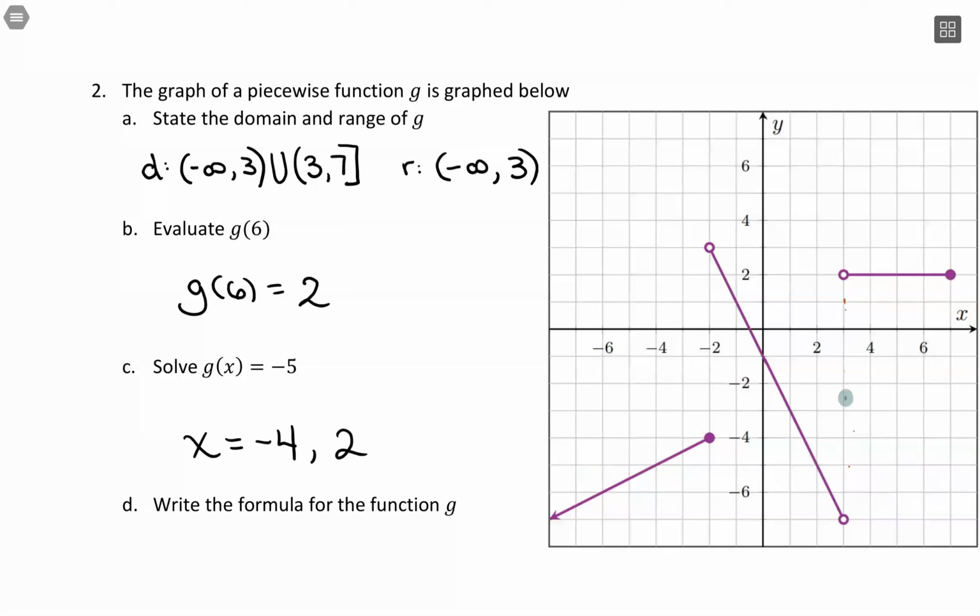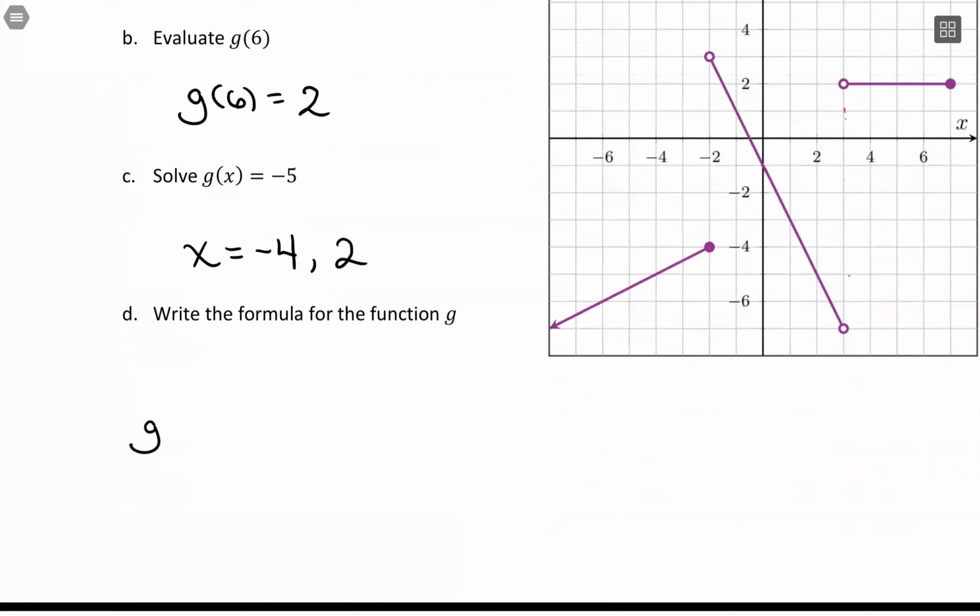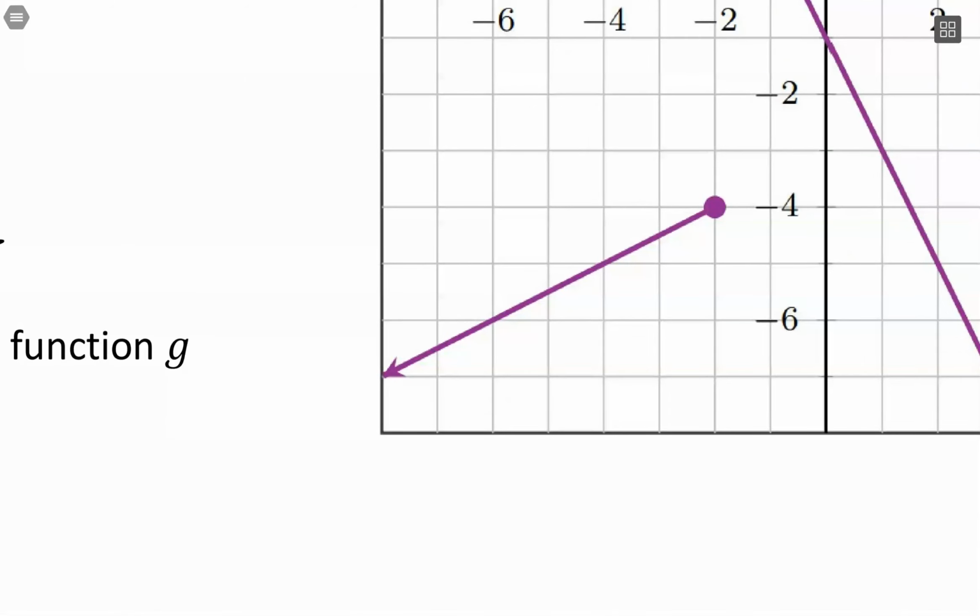All right, so now to make our function. So we want to make our function g of x. What I can see is our piecewise function is made up of 3 pieces. And what I'm going to do is start with this first piece here.